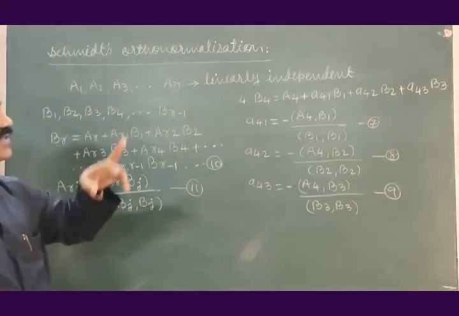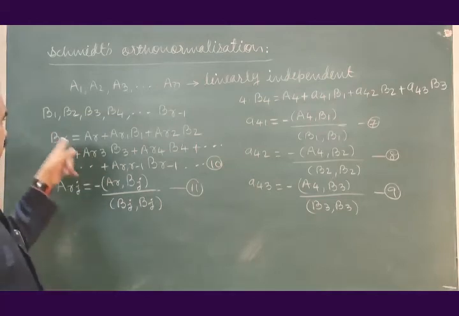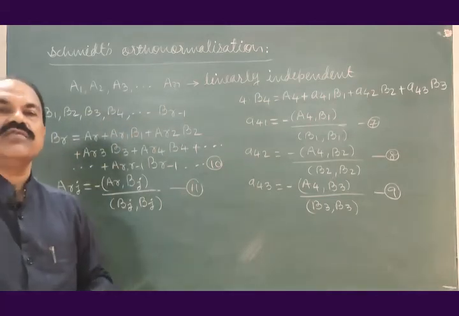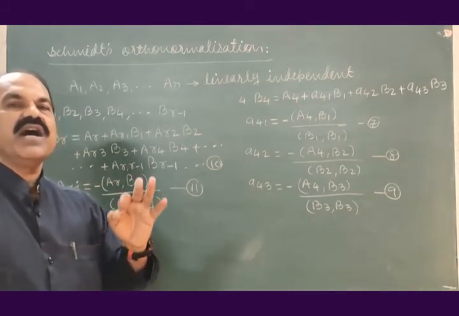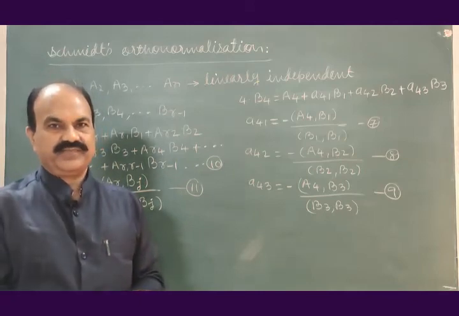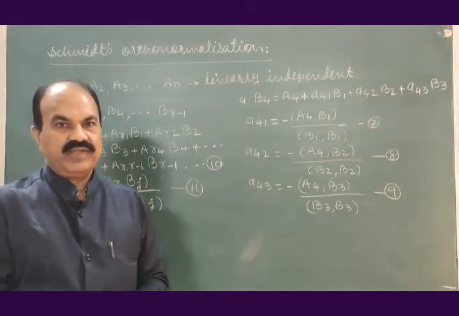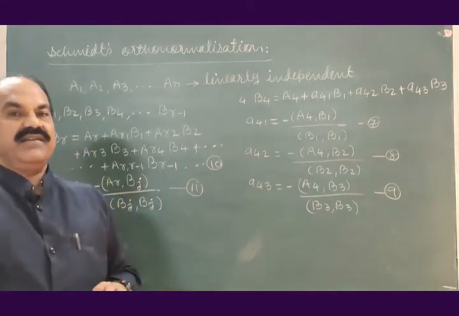So by applying Schmidt's orthonormalization method, we succeed in getting a set of n number of vectors which are orthogonal to each other. Try to remember what I told at the beginning of the article.